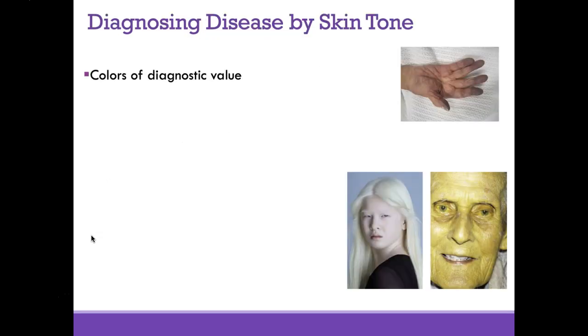It's possible to diagnose disease by looking at skin tone. Cyanosis is blueness of the skin resulting from a deficiency of oxygen in the circulating blood. This oxygen deficiency turns the hemoglobin a violet color, which is lightened to blue-violet as it shows through the white dermal collagen.